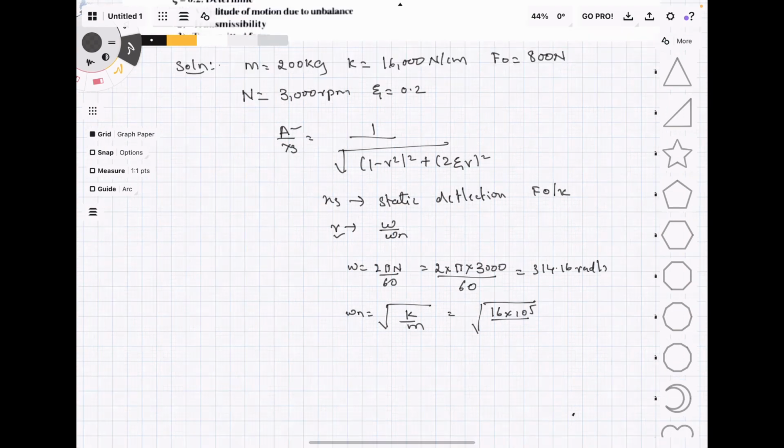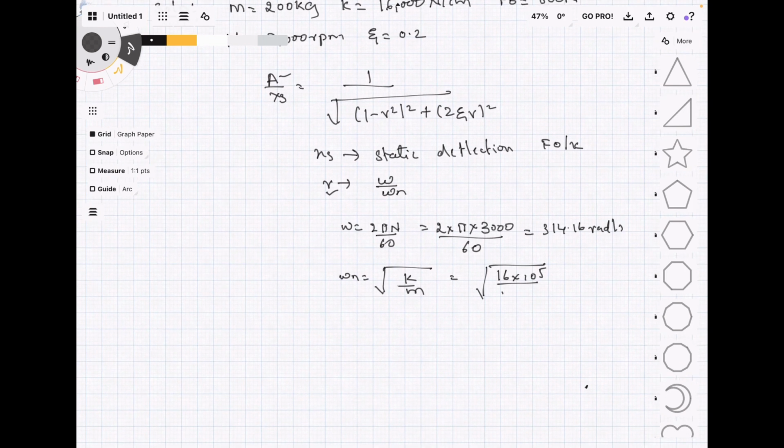The mass is 200 kg. So you will be getting the value as 89.44 radians per second. Okay. So we got the value of omega as well as omega n.